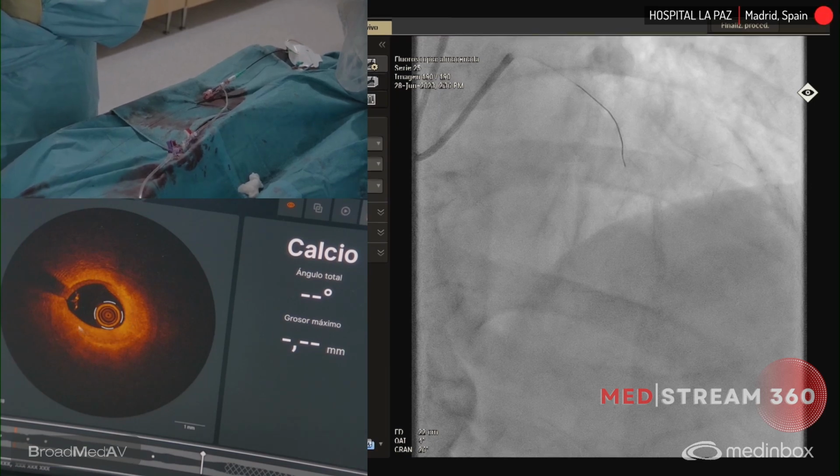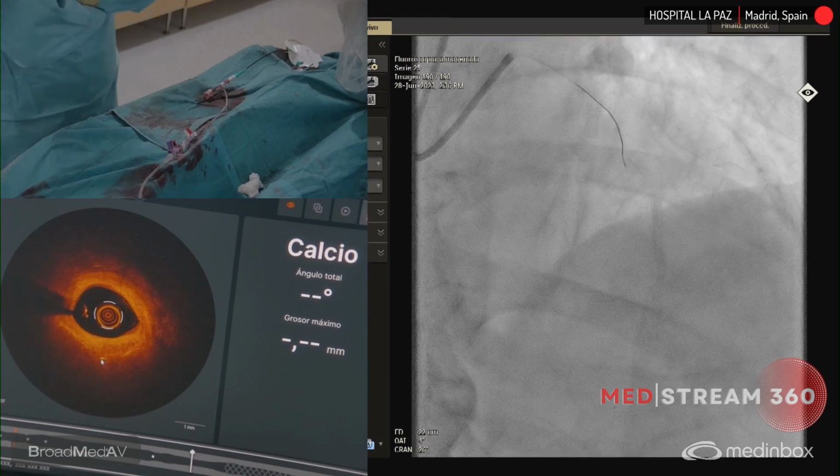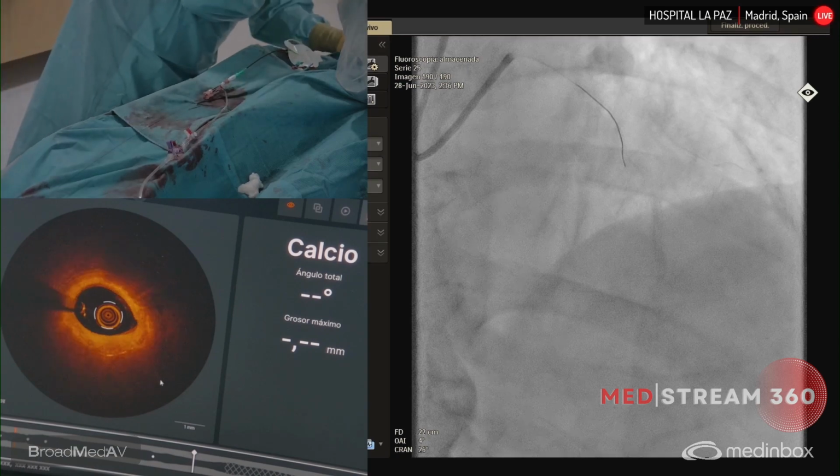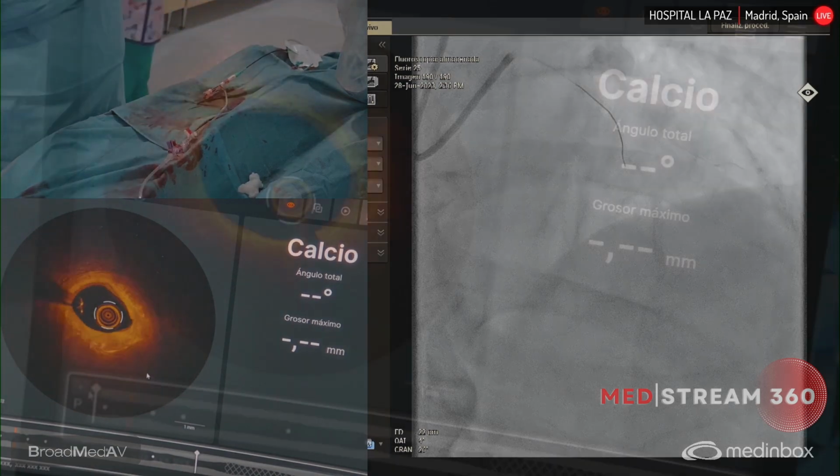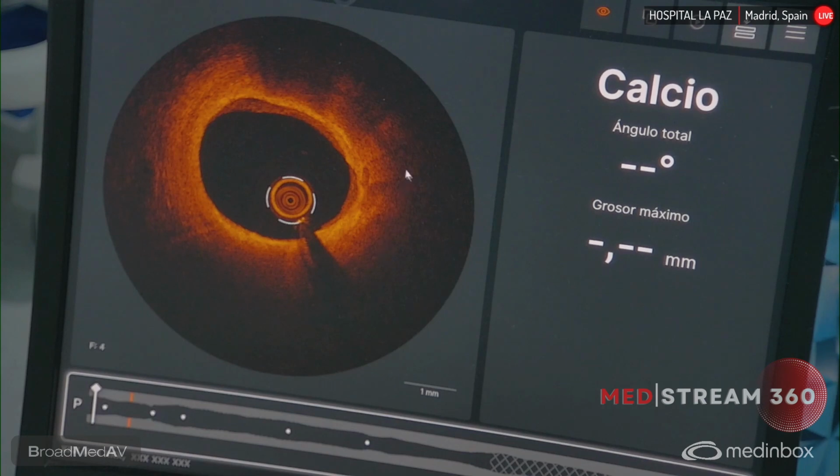This is not the objective of the combined intervention study. This is not a thin cap fibroatheroma. It's a thick cap. You can see some cholesterol crystals inside the plaque. You can see here another lipid-rich plaque. Again, there are macrophages inside with dorsal shadowing.